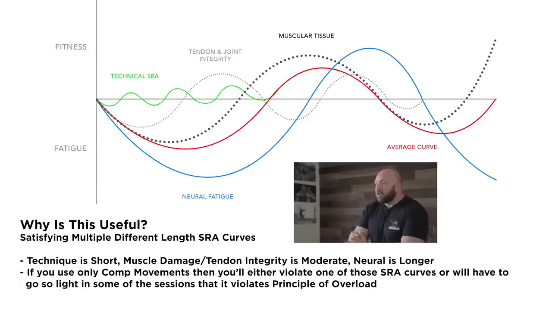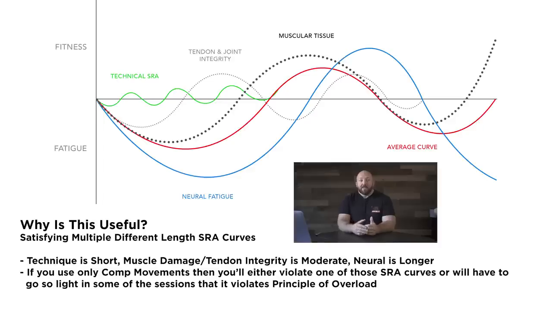You'll have to either go so light to train frequently enough to not violate technical SRA that you violate the principle of overload, or you'll train so infrequently that your technical SRA starts to fall off in an effort to satisfy neural SRA, the longest of those curves. So we can use variation in exercise selection and loading strategy to better line up, endpoint to endpoint, the average of those different SRA curves.